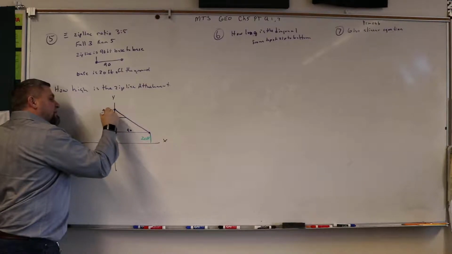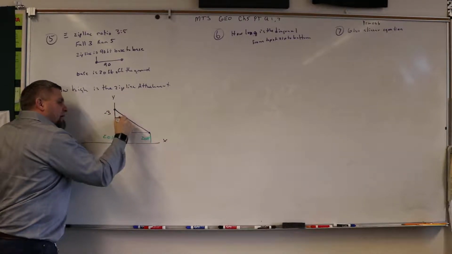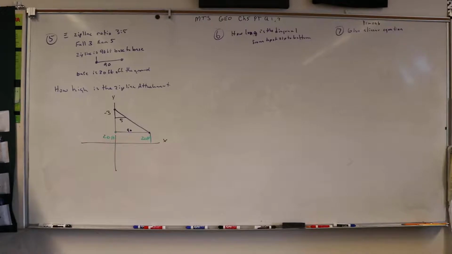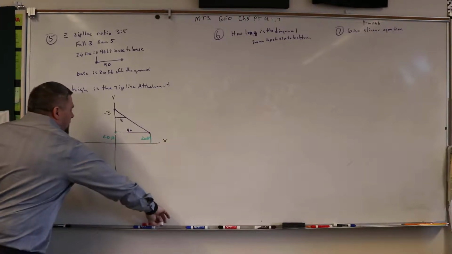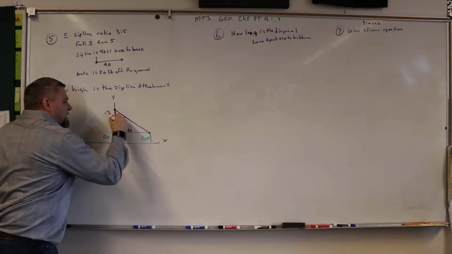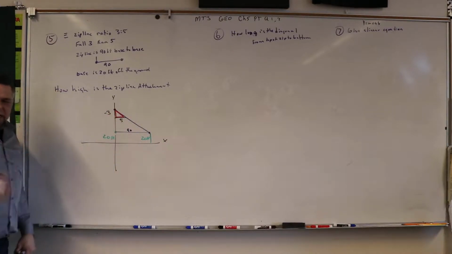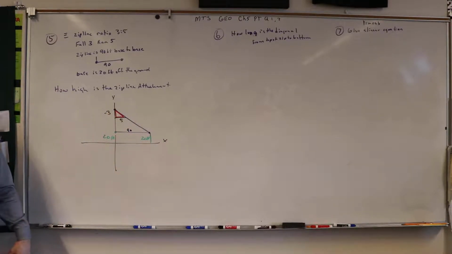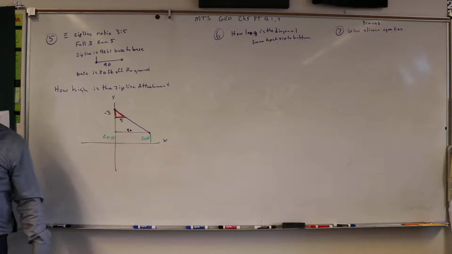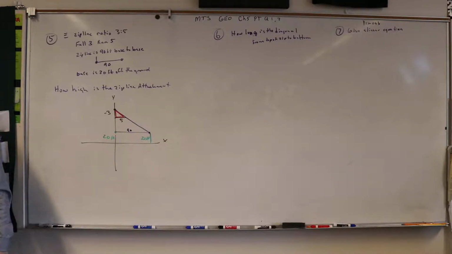We know that this is negative 3 and this is 5. Why do we know that that's negative 3 and 5? Why do we know this triangle right here? It's the ratio, yeah. And if that's the ratio, what else can we say that it is? Why is it negative 3?